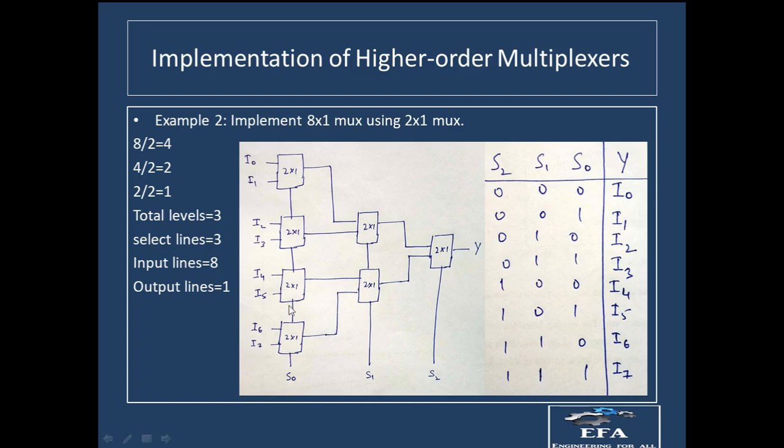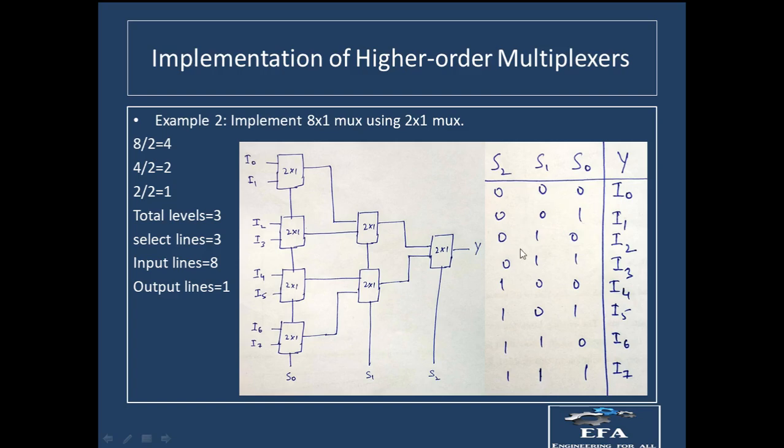At this position S1 is equal to 0, so whenever the select line is 0, the first inputs are passed. So from here we have I1 and from here I5, and we'll have I1 and I5 over here. Again S2 is equal to 0, so I1 will pass through this multiplexer, and ultimately we'll have I1.